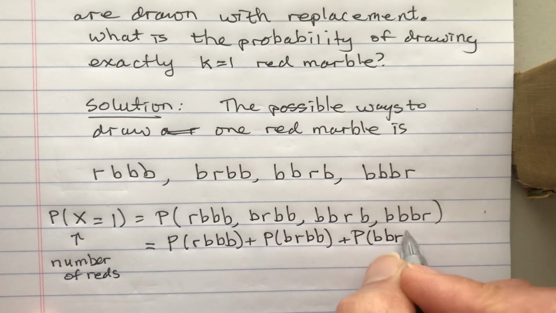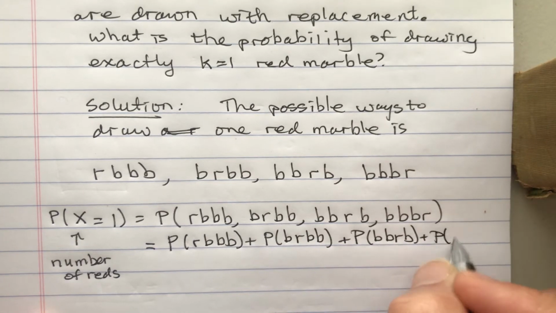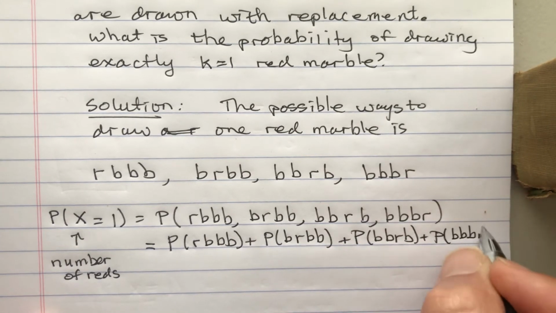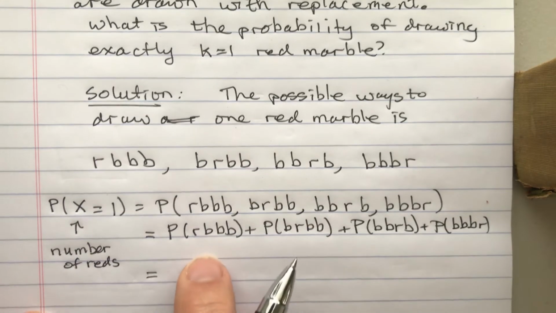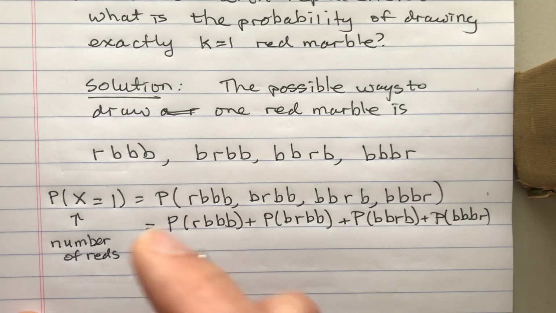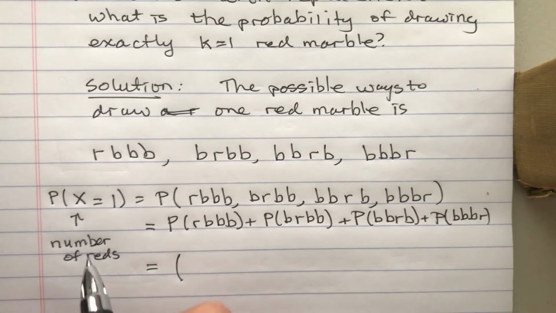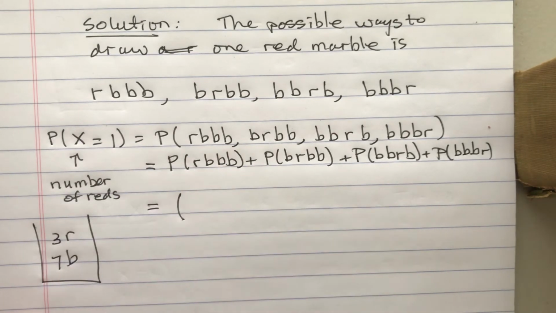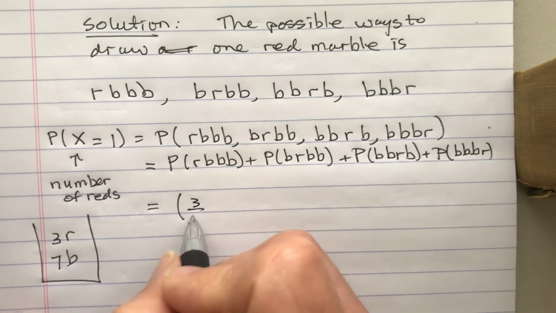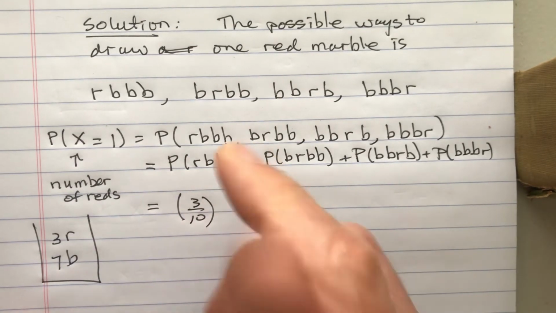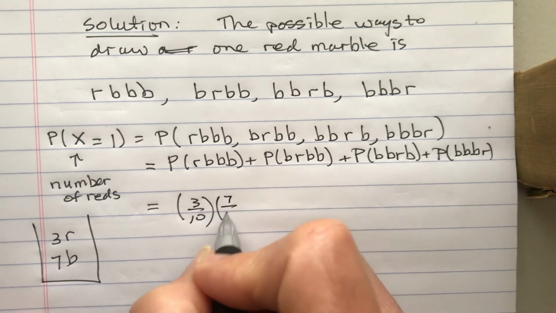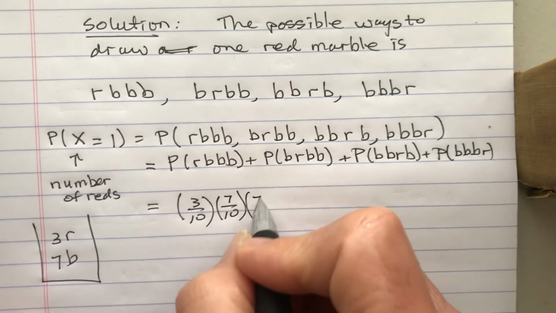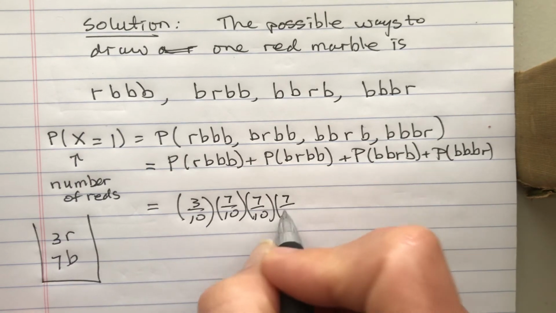However, one thing that's going to save us here is that each of these has the same probability of occurring. So the probability of getting a red, if we draw a picture of this box, maybe we can see more easily. The probability of getting a red is 3 out of 10. But then that's the first drawing, and we follow it by 7/10, the probability of blue, 7/10 of blue, 7/10 of blue.